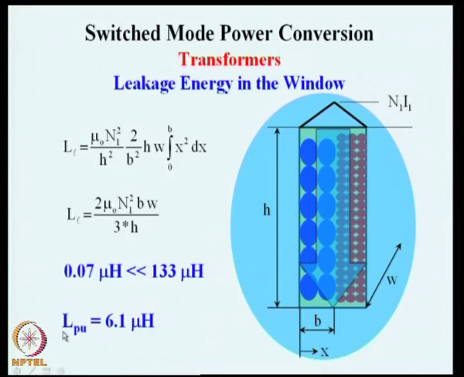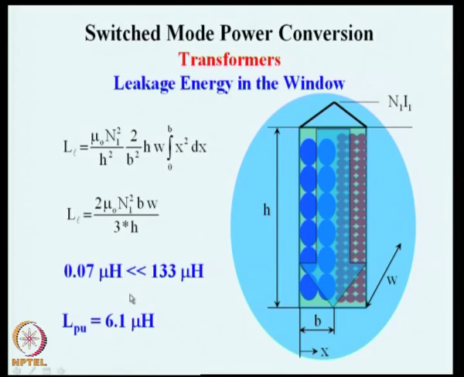Normal inductance is the same as the rated current into omega L is equal to rated voltage. That inductance is 6.1 microhenry, and you can see that leakage inductance will be a very small fraction of per unit inductance, and magnetizing inductance will be a very large multiple of per unit inductance.